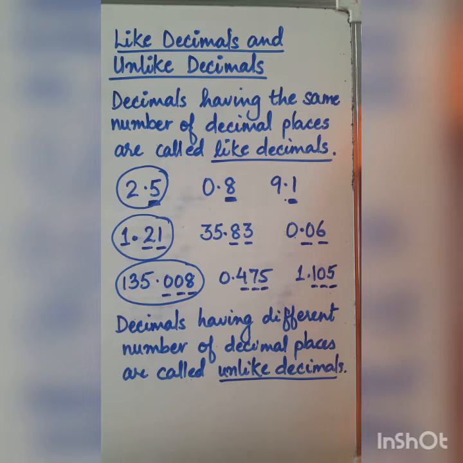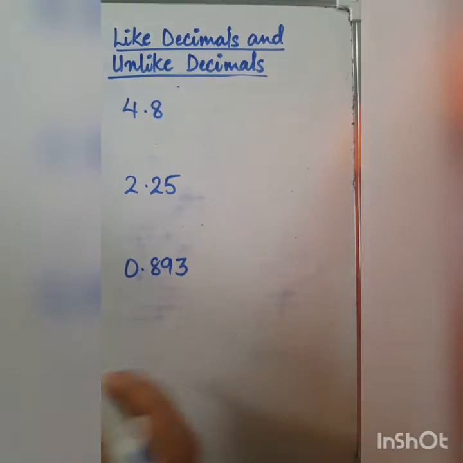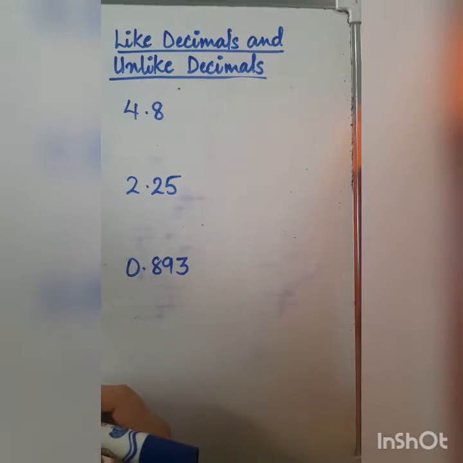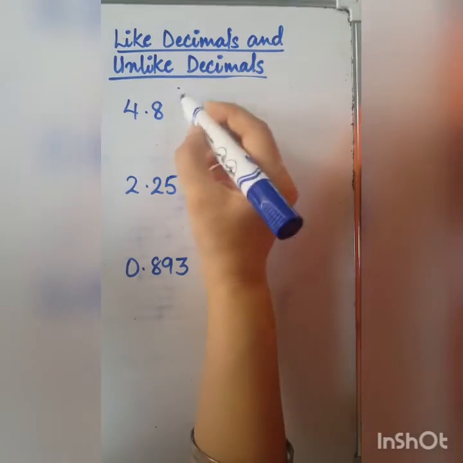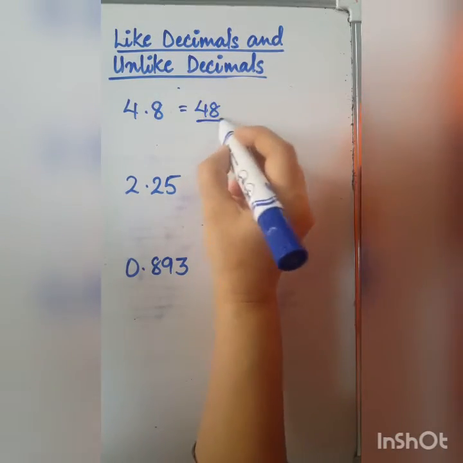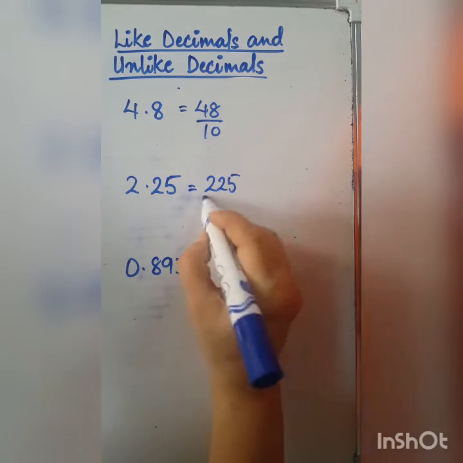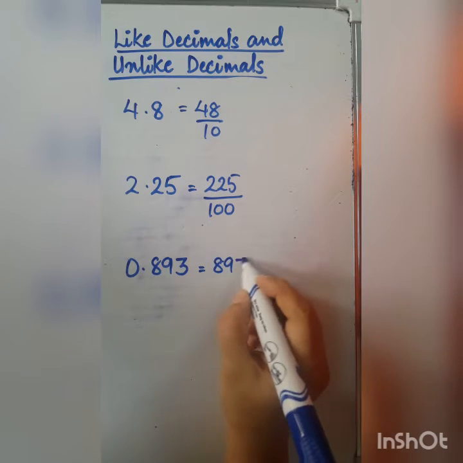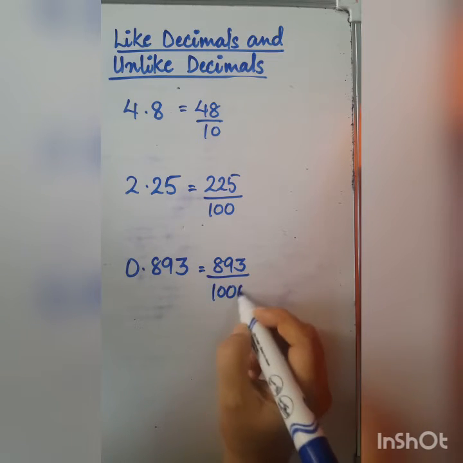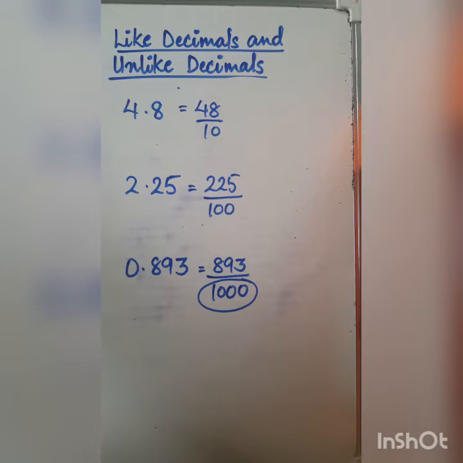How? Let us take an example. Given are three numbers with different decimal places. We will change them to like decimals by finding their equivalent decimals. 4.8 means 48 by 10. Similarly, 2.25 means 225 by 100, and 0.893 means 893 by 1000. Now we know that the highest denominator here is 1000.